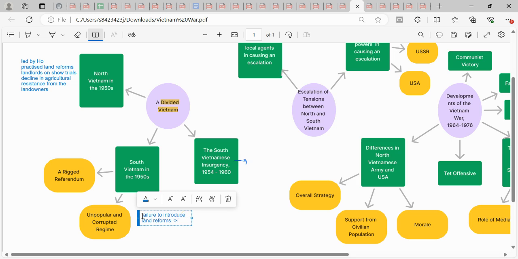Diem had received support from landowners, right, and therefore he did not want to affect his power base, his supporters themselves. So although some land reforms were carried out, it was not far-reaching, and yeah, when the landlords resisted, Diem would not have tried to force the matter.